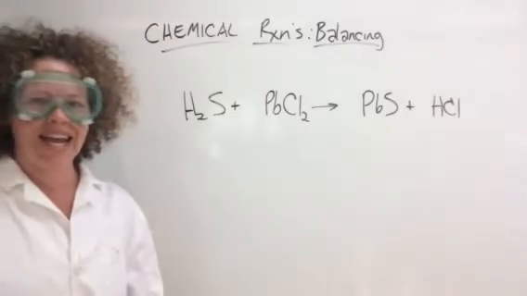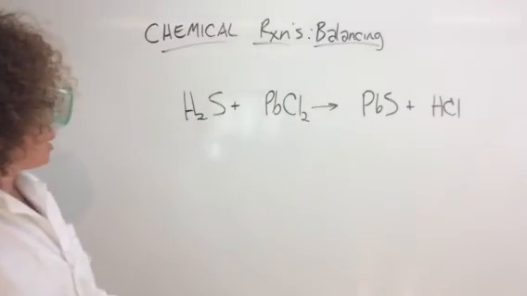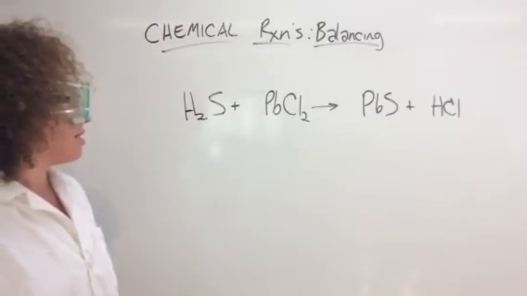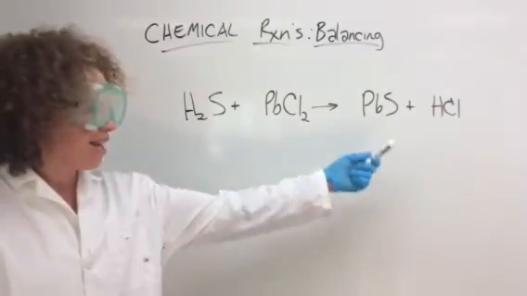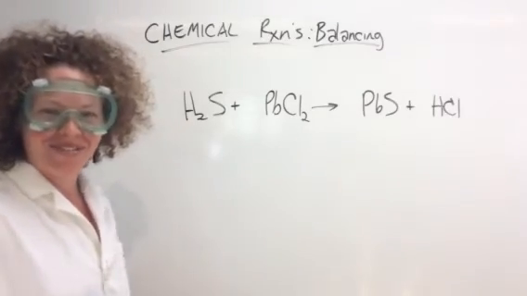So this is kind of a nasty equation. It looks simple, but these guys are nasty. H2S gas can kill you, lead can kill you, chlorine gas can kill you, and then they make acid out of it. Whee! So much fun.